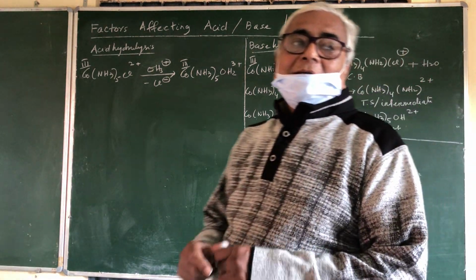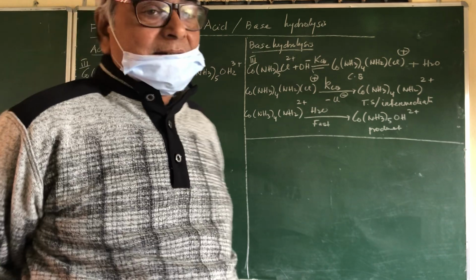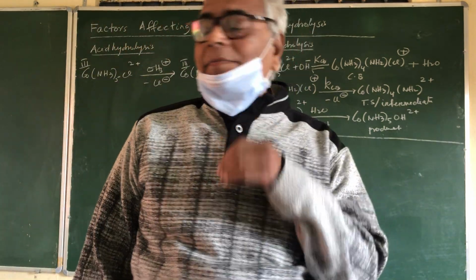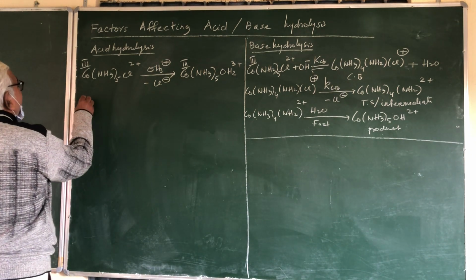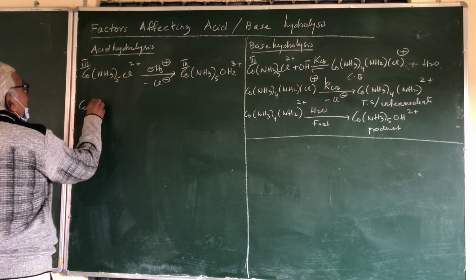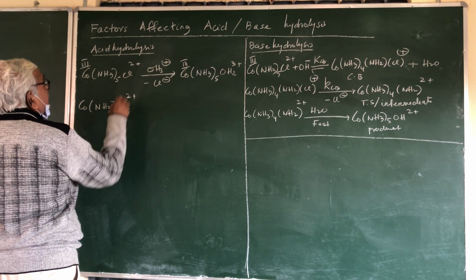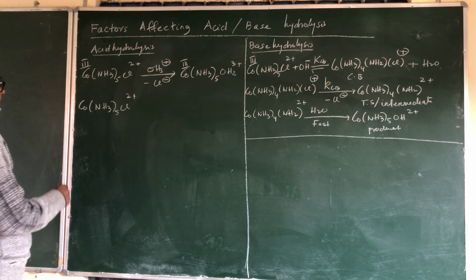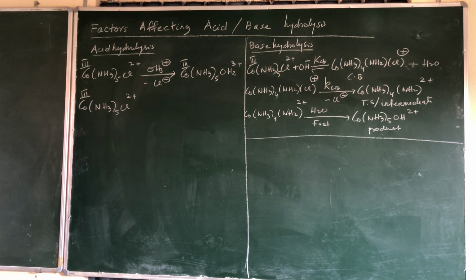So today we will discuss the factors affecting acid hydrolysis and base hydrolysis. Now, if we write a complex like this, and this complex, the oxidation state of cobalt is +3.